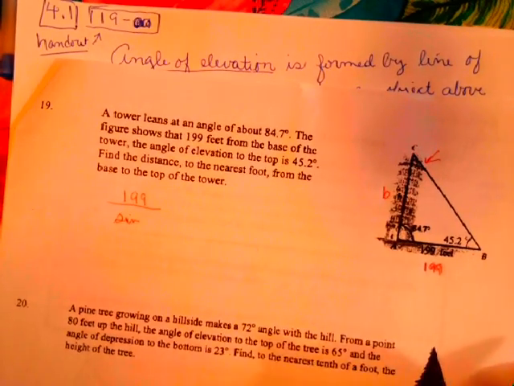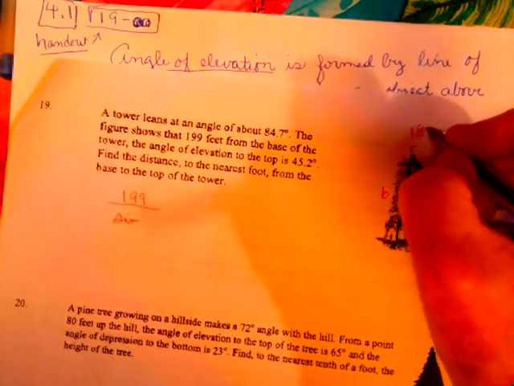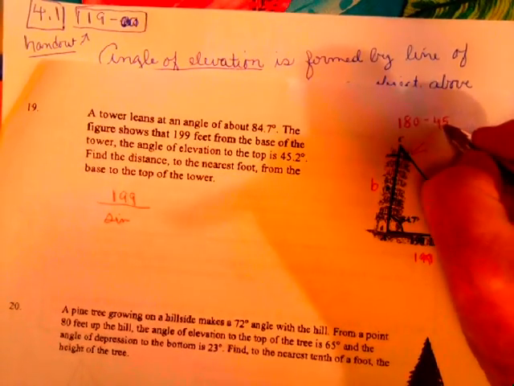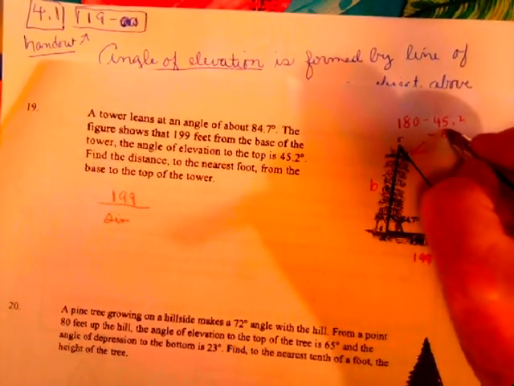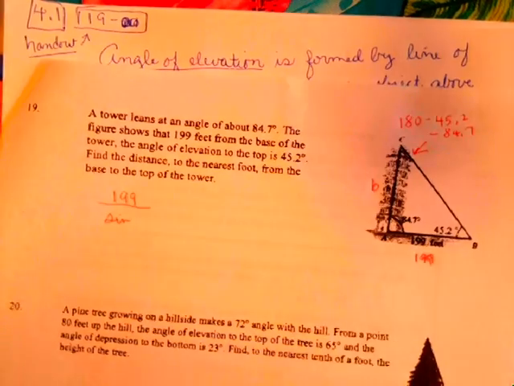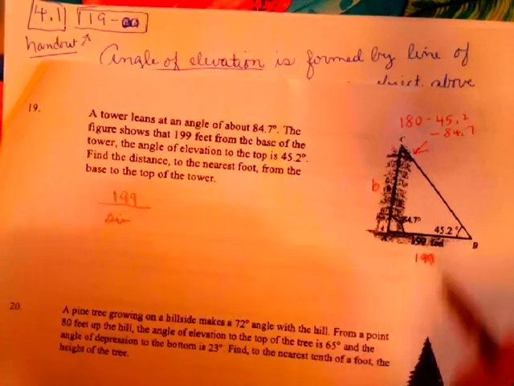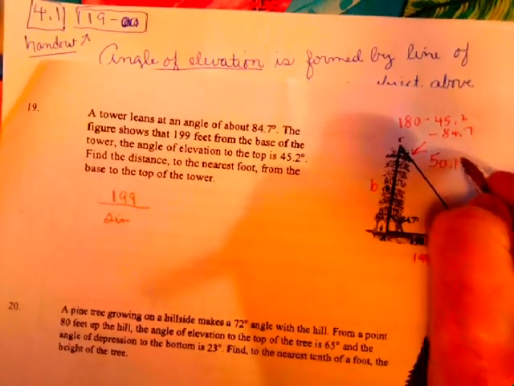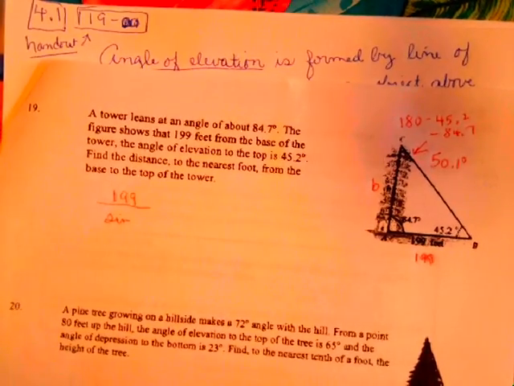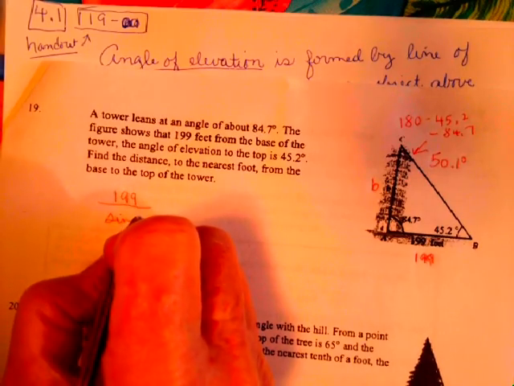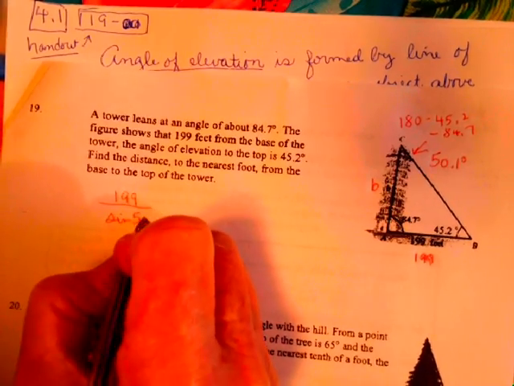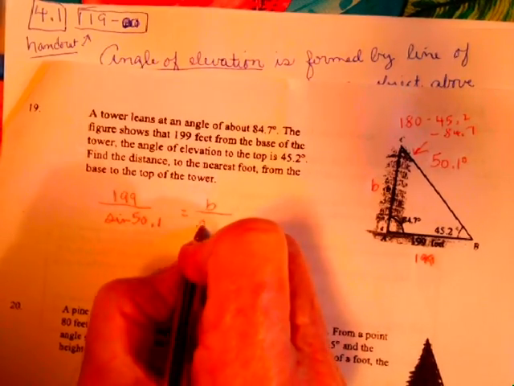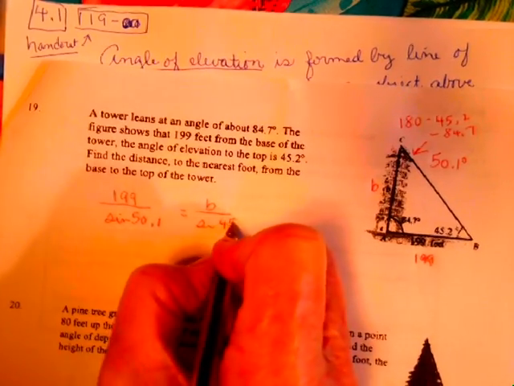Subtract 180 minus 45.2 minus 84.7. That tells you that this angle C is 50.1 degrees. So 199 is to the sine of 50.1 as side B is to the sine of 45.2.